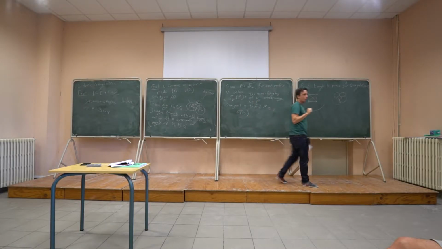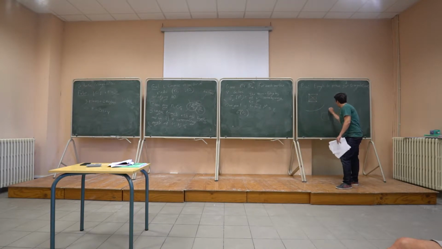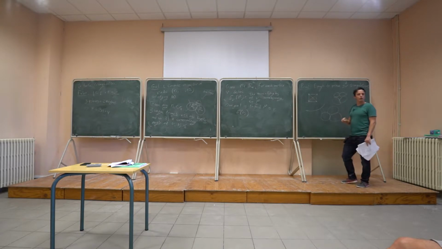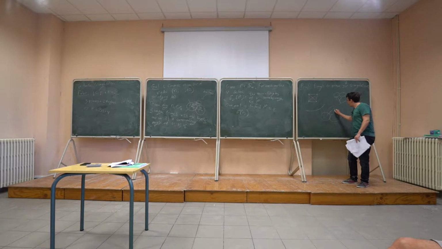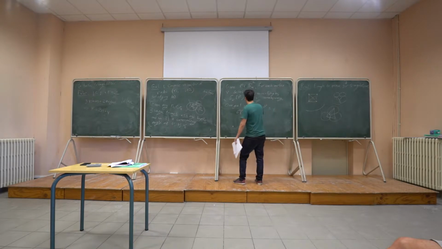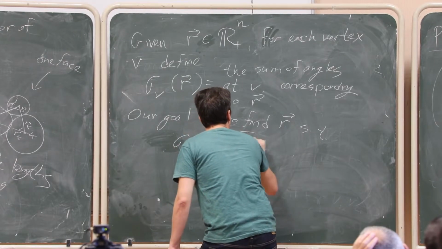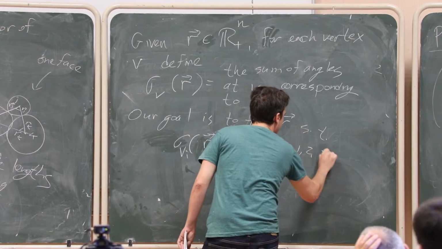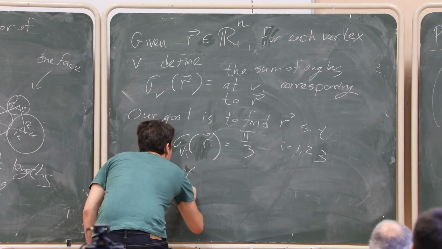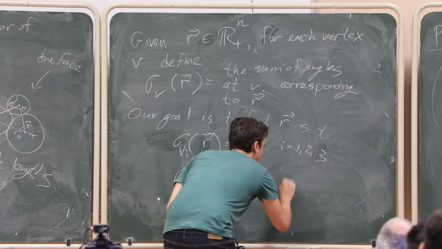So my goal is now to pack so that the three outside vertices are packed exactly in circles that have the same radii. If these have exactly the same radii, then no matter what is drawn here, the sum of angles will be pi over 3 on the three outside vertices. So sigma of vi, r equals pi over 3 for i equals 1, 2, 3, and sigma v of r is 2 pi for any other vertex.